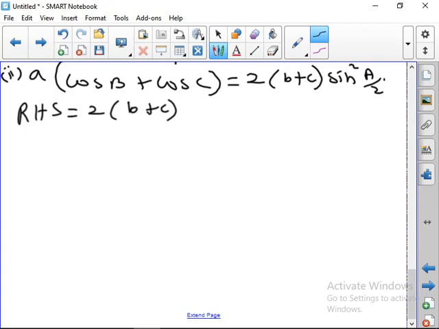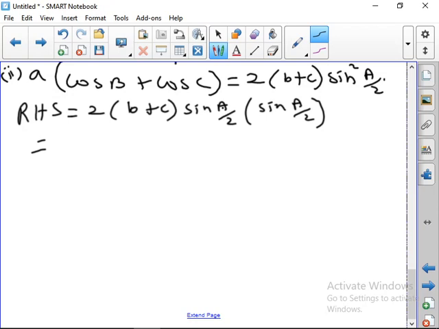So how can we write sin square A by 2? Can we write sin A by 2 into sin A by 2? Okay, so sin A by 2 into sin A by 2, we write, since it is sin square. Now from the first result, what is the first one? B plus C into sin A by 2 is equal to 2 sin A by 2 plus B. From result 1.